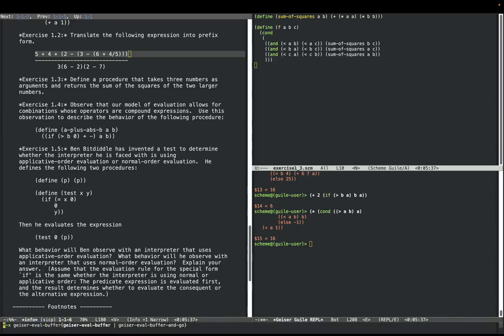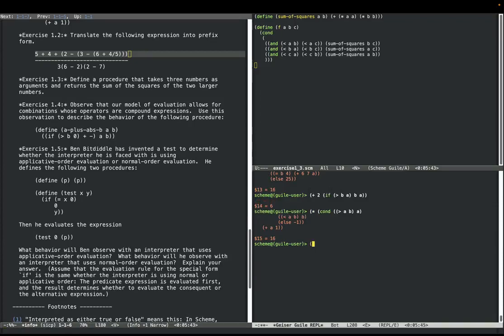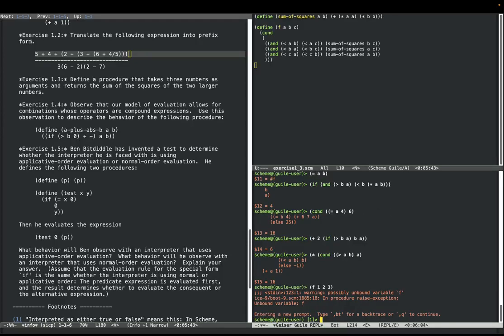Eval buffer. Oh yeah, I have a shortcut for that. Let's try it. So f of 1, 2, 3. What should that be? Then it should return 4 plus 9, which is 13.